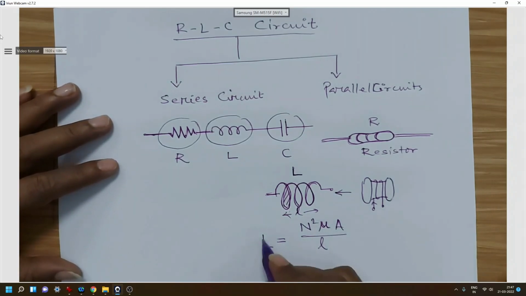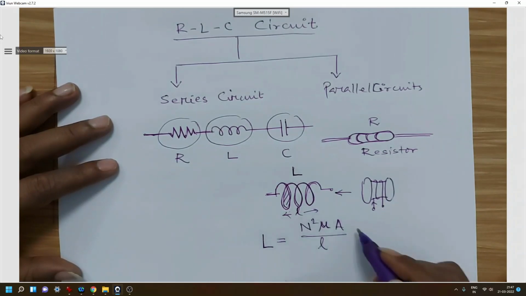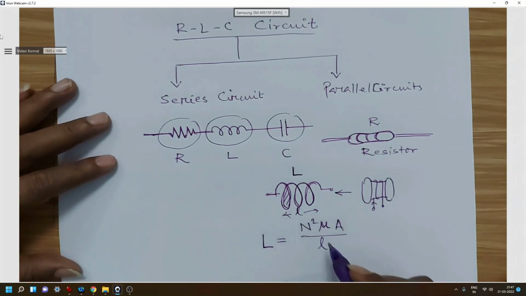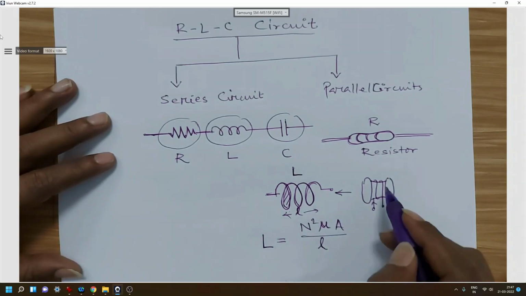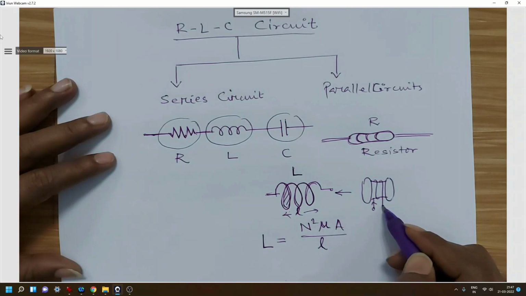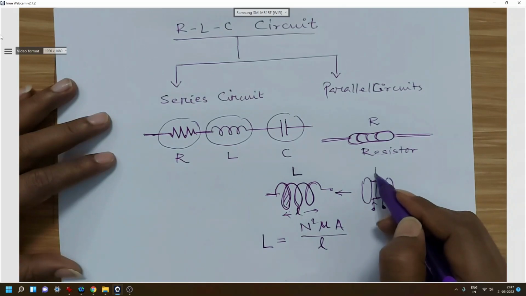So we can get a certain value of L if we put a certain number of turns, a certain area for the loop, and permeability will be the material property of the domain. So L will be fixed from this materialistic device. We will get terminals also, so this is also a two terminal device or component. Resistor is also a two terminal device.